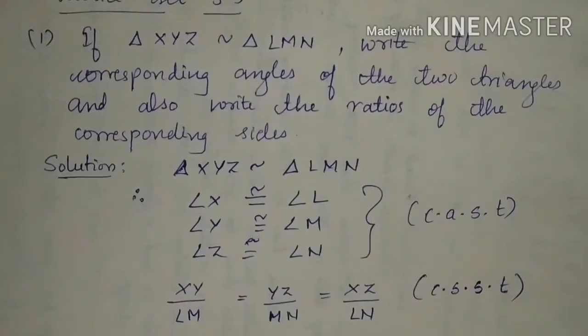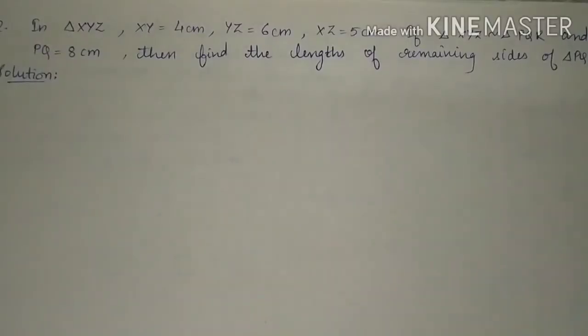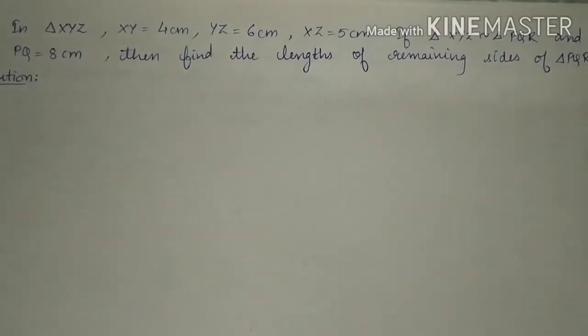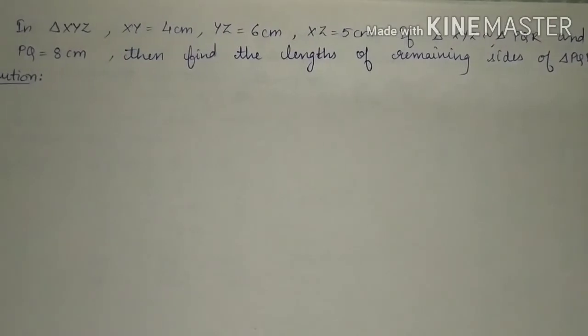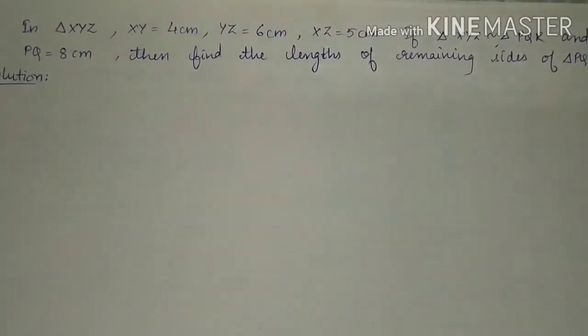Let us move towards the second question. The second question says, in triangle XYZ, XY is 4, YZ is 6 and XZ is 5 cm. This means the lengths of the three sides of triangle XYZ are given to us. The next statement says, if triangle XYZ is similar to triangle PQR, and PQ is equal to 8 cm.